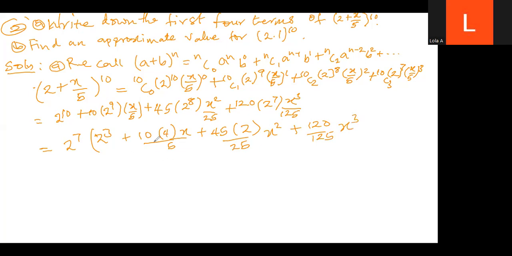So we can now reduce it, close the bracket here. So this one here, 1, this here, 2. Then 5 can go in 45 and 25.